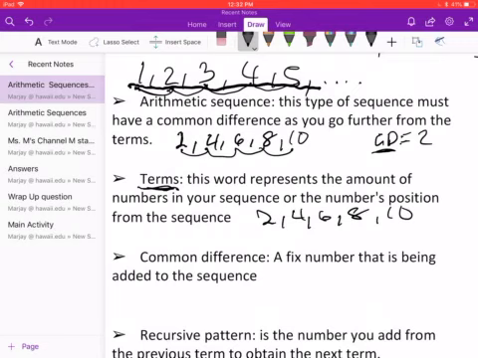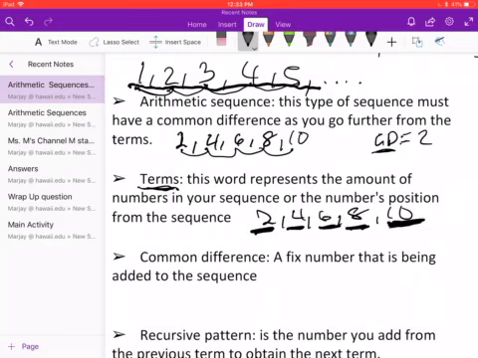If I ask you, what is the 5th term of this sequence? It's 10. Because if we count from the starting number, this is the 1st term, the 2nd term, the 3rd term, the 4th term, and the 5th term.